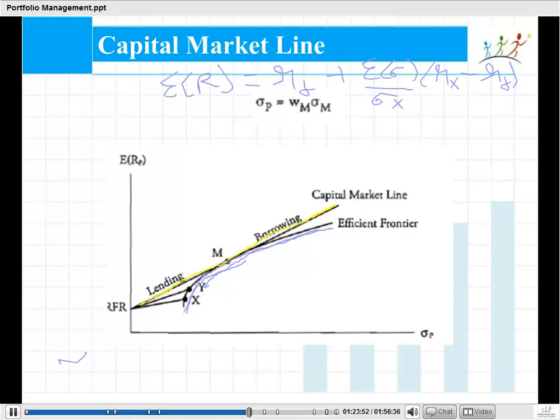The purple line was my original efficient frontier. The blue line is the portfolio combinations of risk and return that I have created by combining the risk-free asset with the tangency portfolio. So the yellow line is created by combining the risk-free asset with the tangency portfolio.